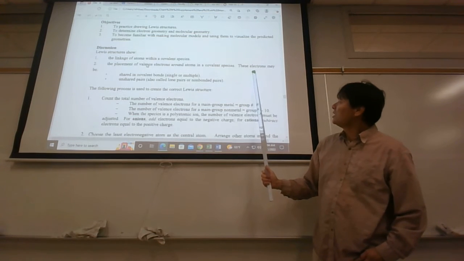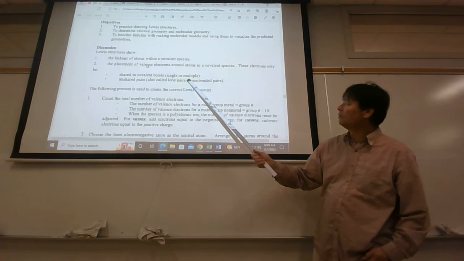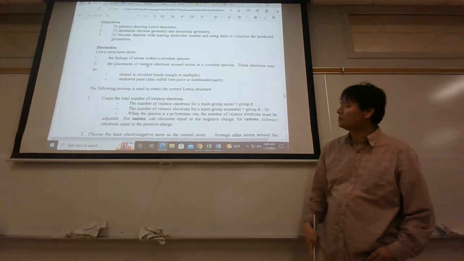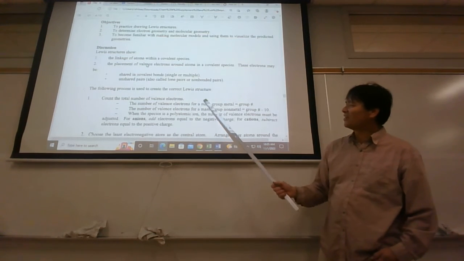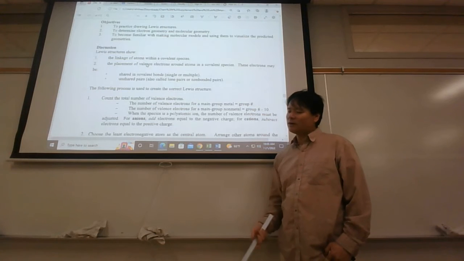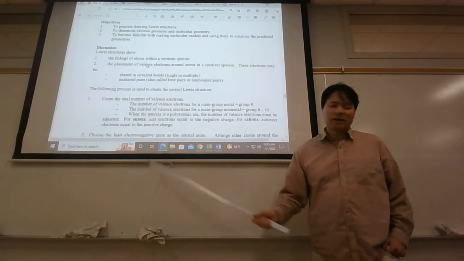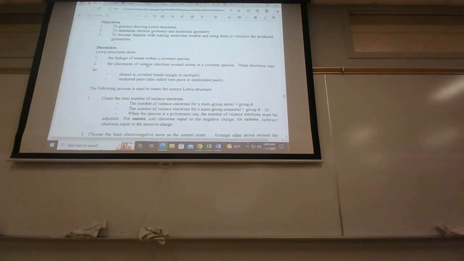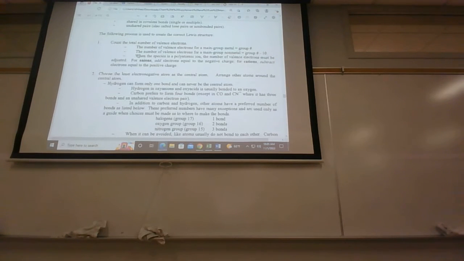All right, these electrons may be shared in covalent bonds, single or multiple, or unshared, which are called lone pairs or non-bonding electrons. The following process is used to create the correct Lewis structures. So we have different processes. This set of processes here is great for more complicated Lewis structures.